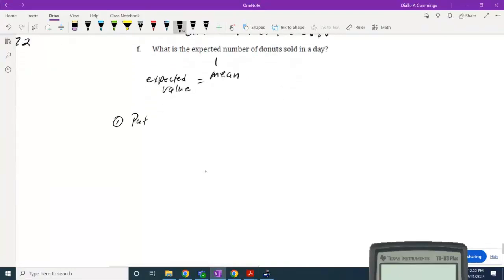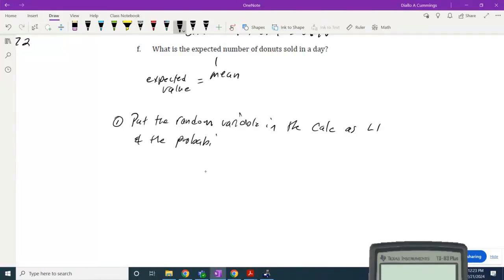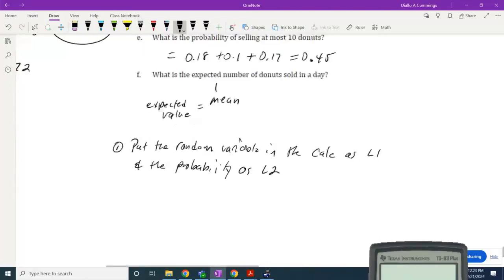So let me write out some steps. Put the random variable in the calculator as L1 and the probability as L2.